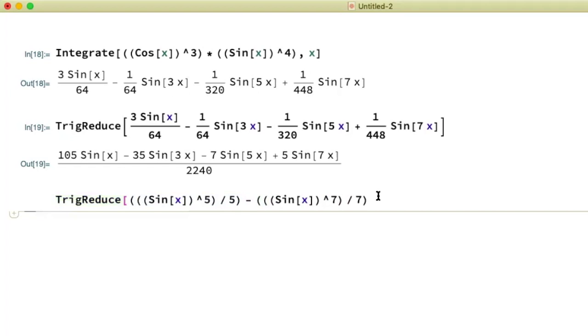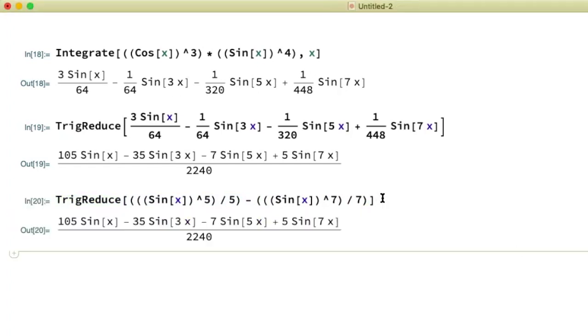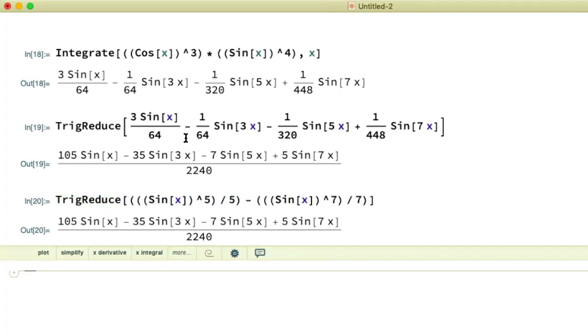So this is how my trig reduce statement would look. And it may seem like I went a little bit crazy with parentheses here, but especially when you're using text-based commands, it's better to have too many than too little. So I'm going to go ahead and do the shift enter on this. And now you can see we can compare these two expressions and they are in fact equivalent. So this confirms for me that my answer was correct.